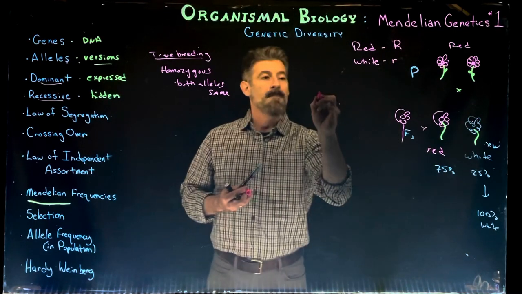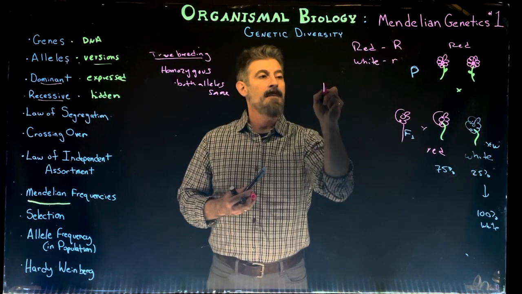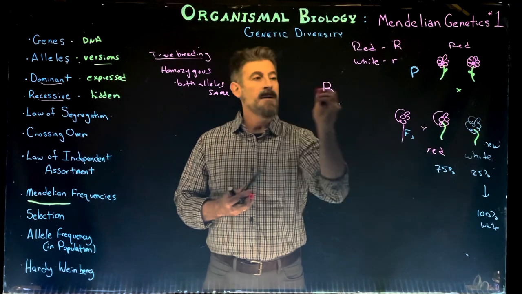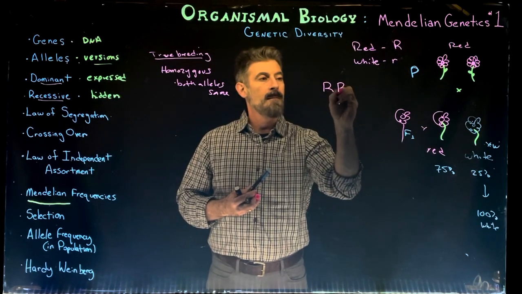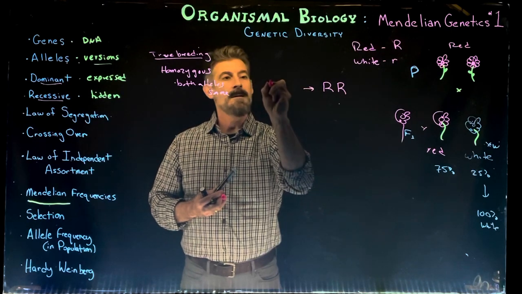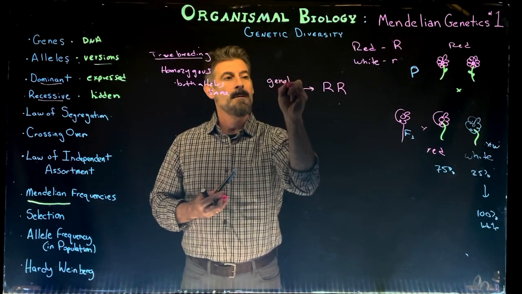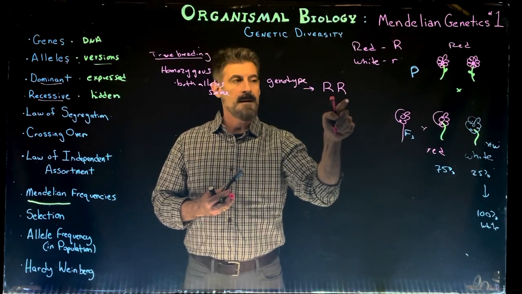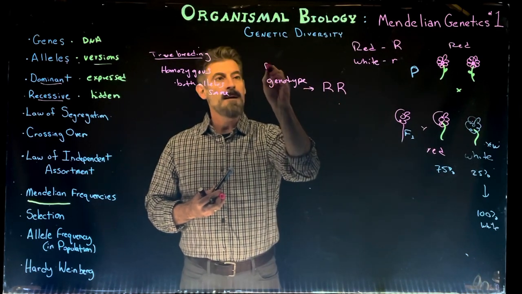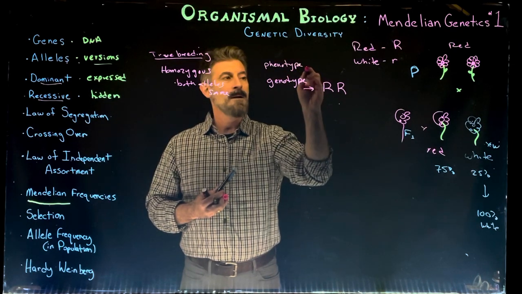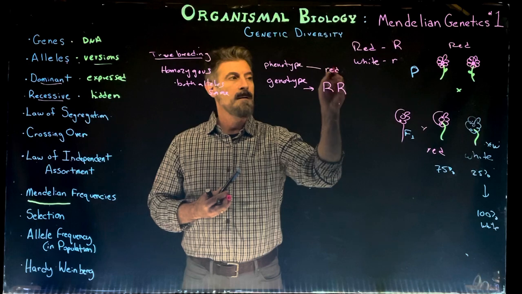So now what we have, let's say a parent who is true breeding and red. So this is the genotype, meaning we're looking at both alleles here, and they're the same. And then the phenotype is what it looks like, and that is red.